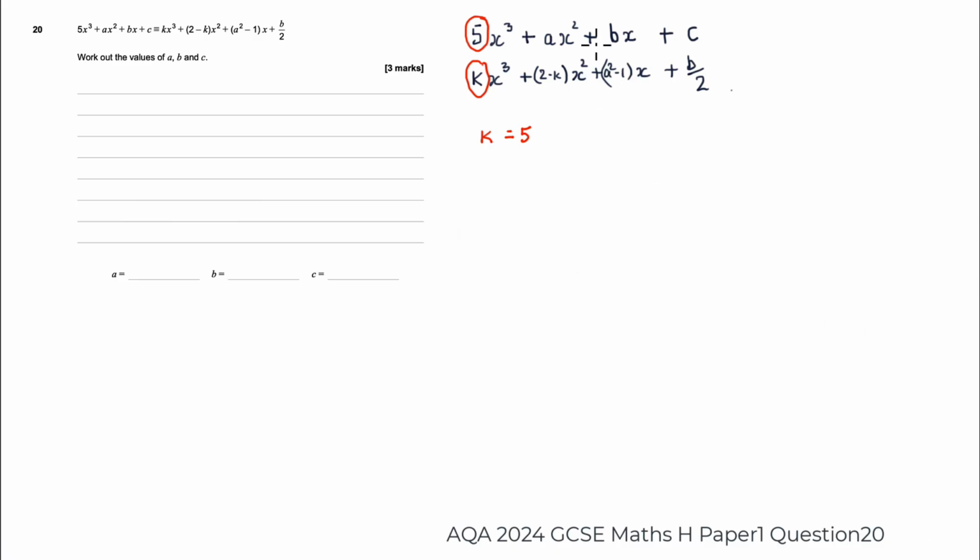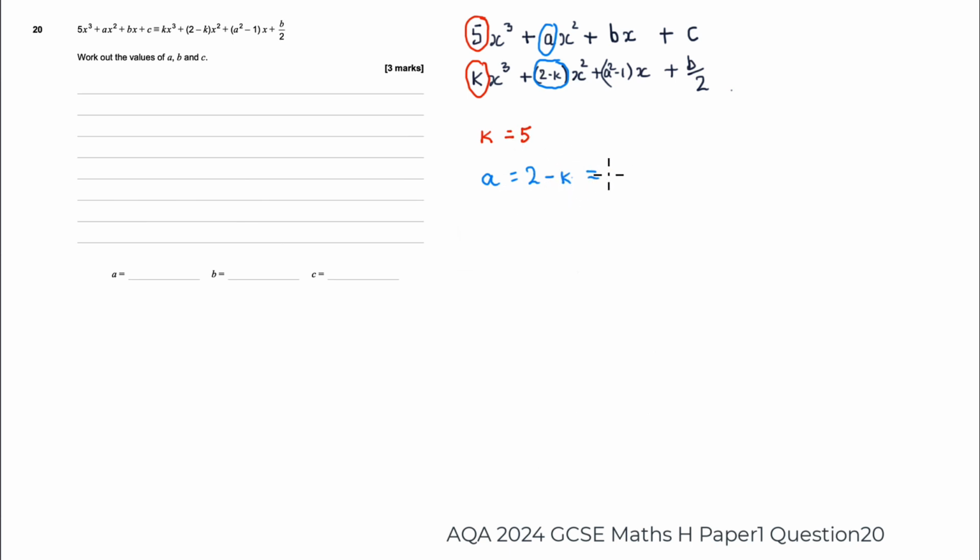We also know that the x squared terms are identical, so if we have a lots of x squared, that must be the same as 2 minus k. So a is the same as 2 minus k. But we know what k is. It's 5.